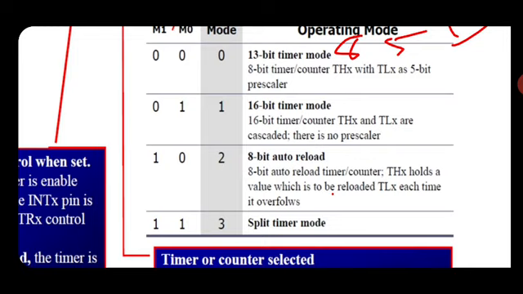Very important: THX, the higher byte of the timer, holds a value which is to be reloaded into TLX each time it overflows. You may not understand this at this moment, but when I perform the programming, you'll come to know how it reloads.